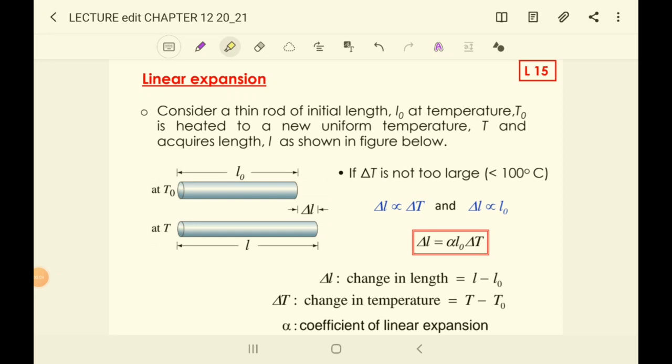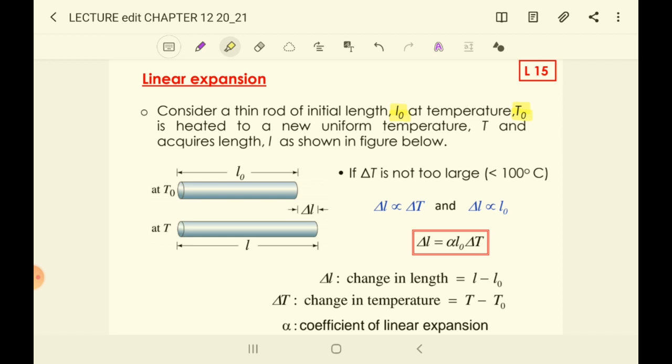Linear expansion. As we know, many solid objects will expand when heated. In this example, let's say we have a thin rod of initial length L0 at temperature T0. What happens when we bring a candle very close to this solid rod in order to heat it up?